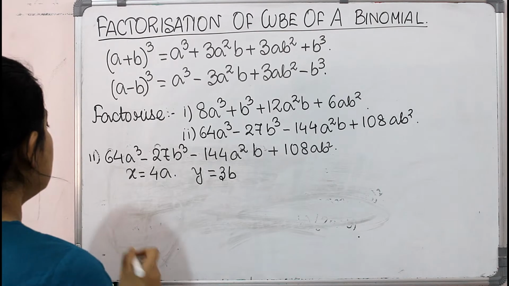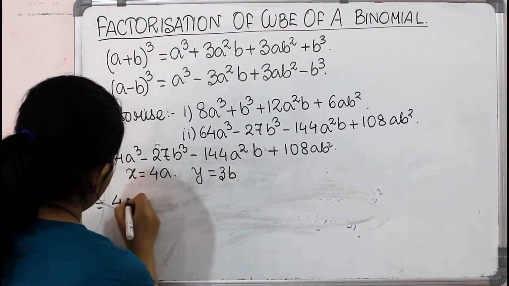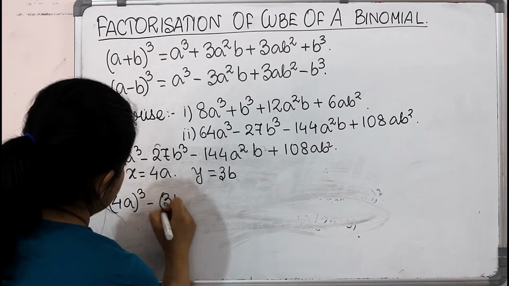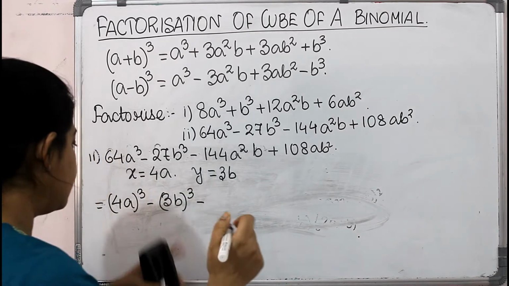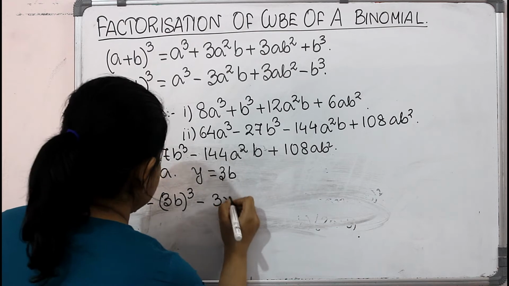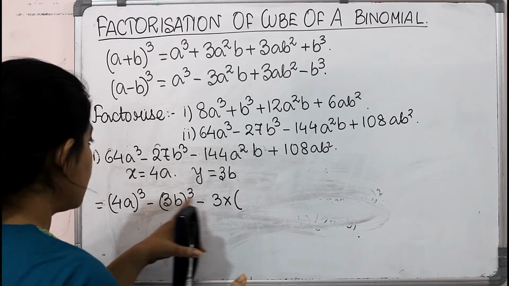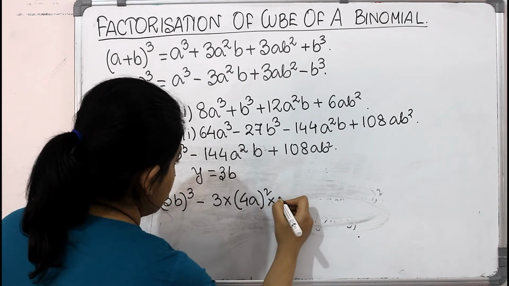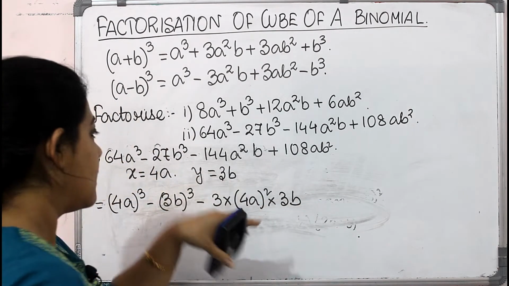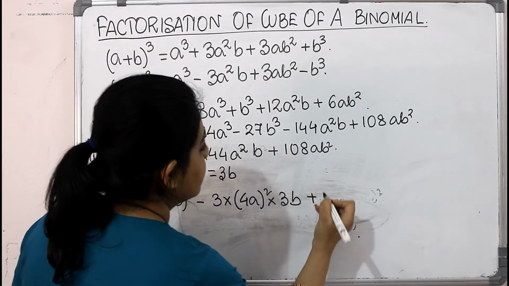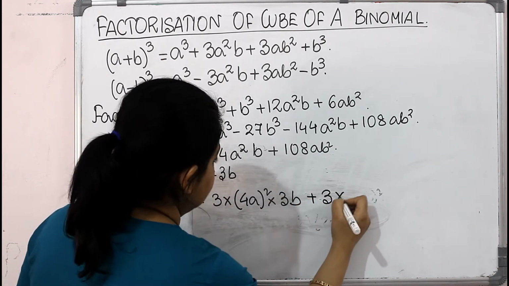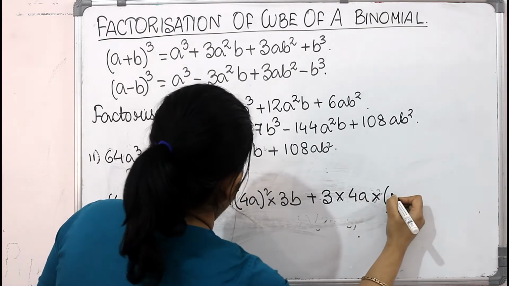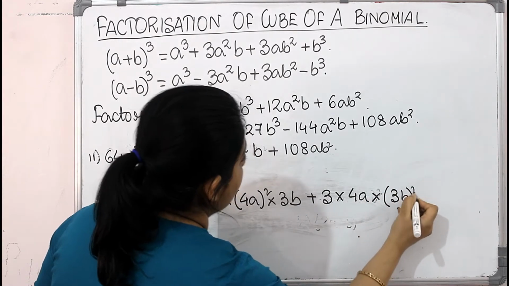Now what I will do? I will write this as (4a) cube minus (3b) whole cube minus 3 into (4a) square into 3b plus 3 into 4a into (3b) whole square.